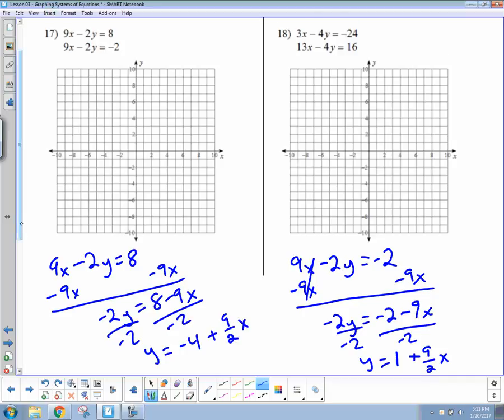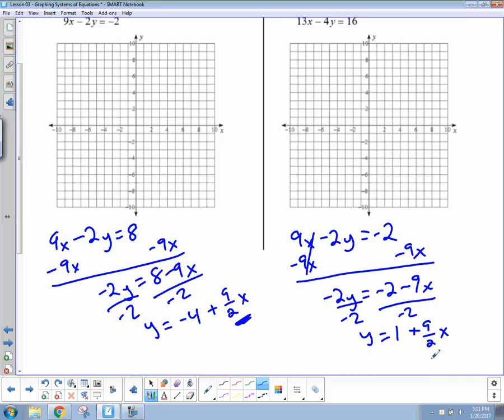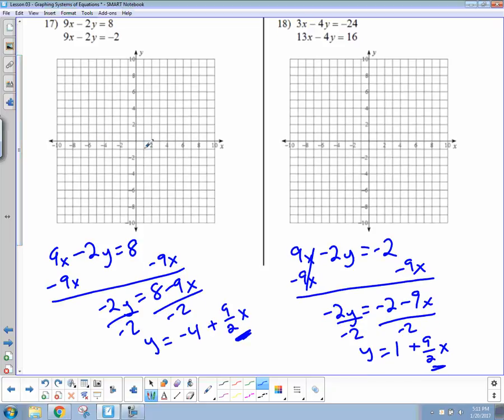But again, if I were to graph it to show you, -4, up 9, 1, 2, 3, 4, 5, 6, 7, 8, 9. Over 2, 1, 2. Draw my line. Again, I'm going to go a little quicker this time. I'm not even going to care about the color of that line. And then 1, 9, 2.